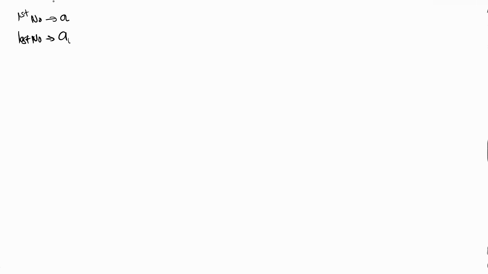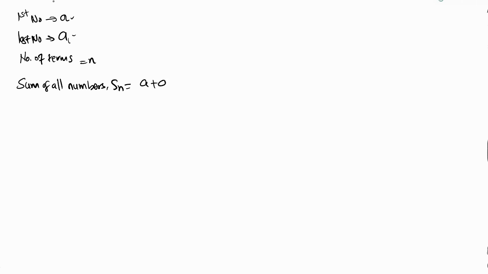Now, letting the number of terms be denoted by n, so that is the number of terms equals n, the sum of all numbers, I shall denote that by Sn. So the sum of all numbers, denoted by Sn, is equal to the average of the first and the last number.